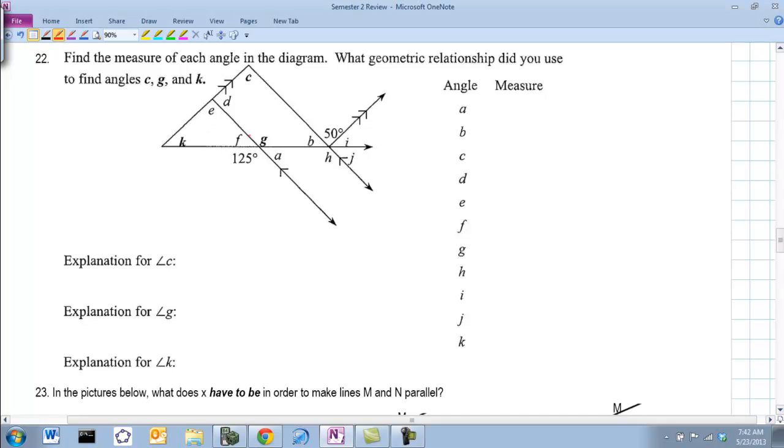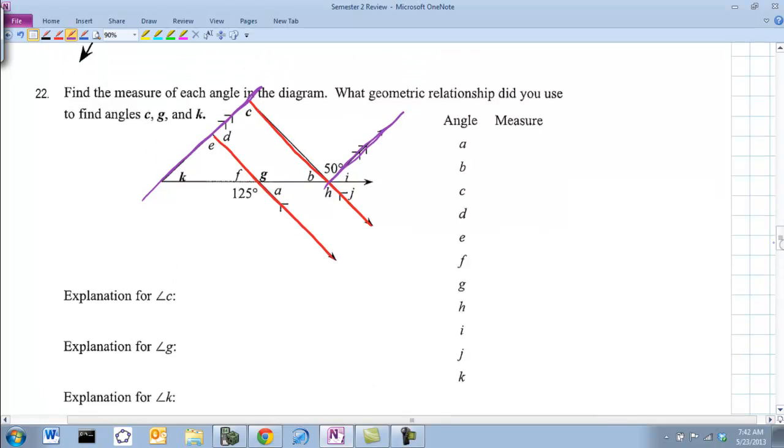There's a trapezoid in here, and I know it's a trapezoid because I just now noticed that this line is parallel to this line, and also now that I'm looking for parallels, I see that this line is parallel to this line. So I can make use of parallel properties, triangle properties and trapezoid properties.